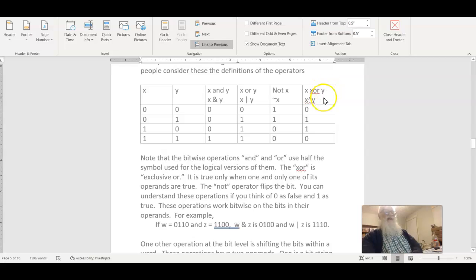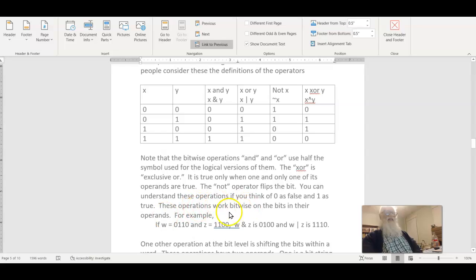And we have another special one called XOR. That stands for exclusive OR. And it says that it's only true, it's only 1, if one and only one of the two bits it's working on is 1. That one would be nice to have at a higher level too.